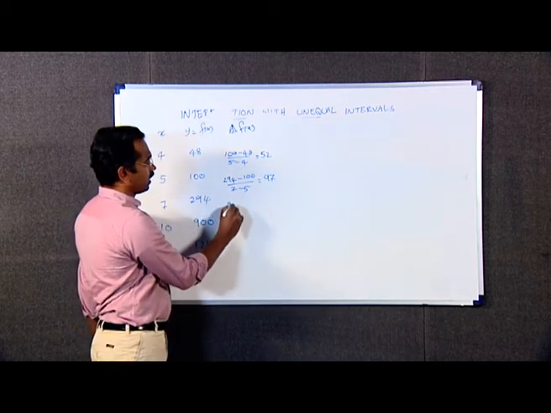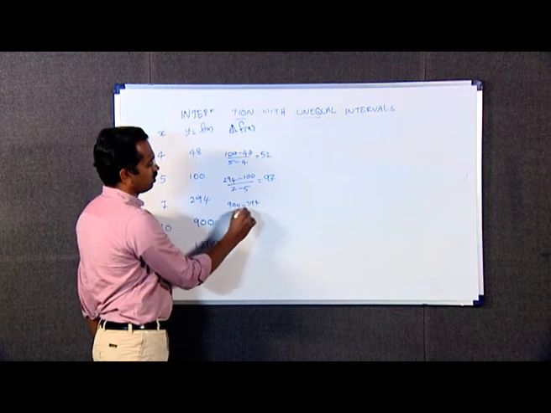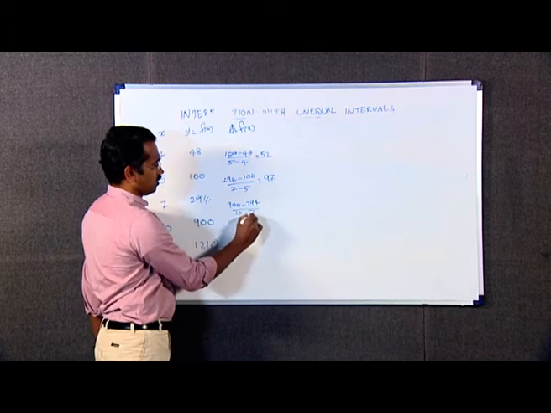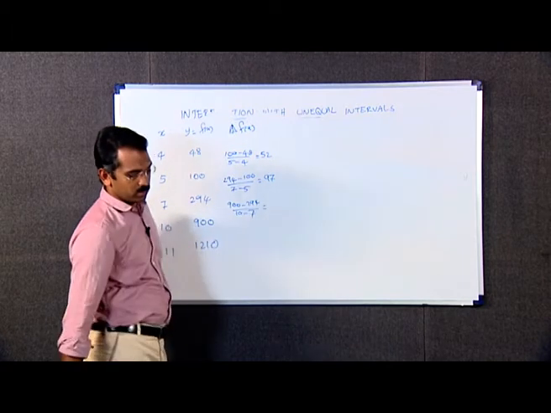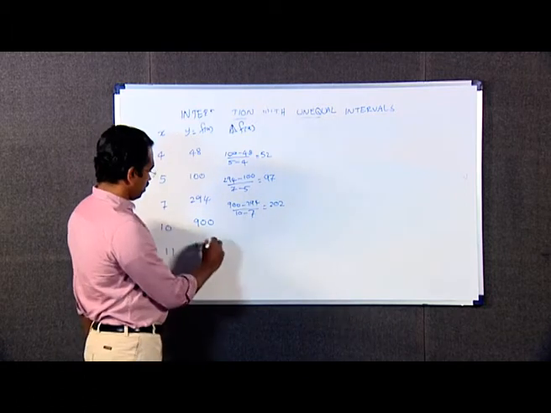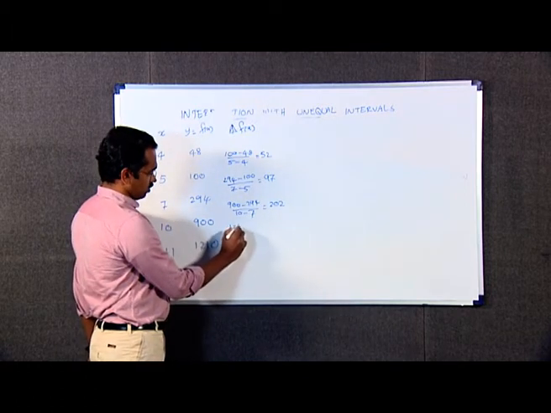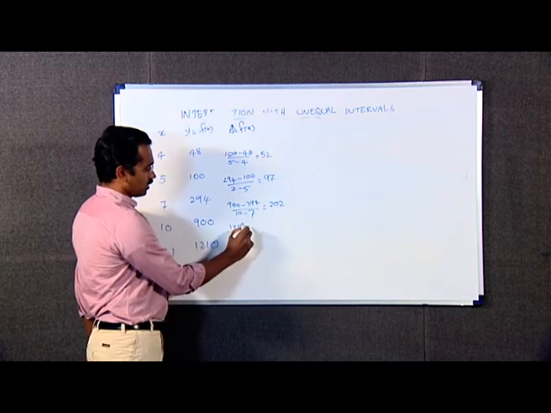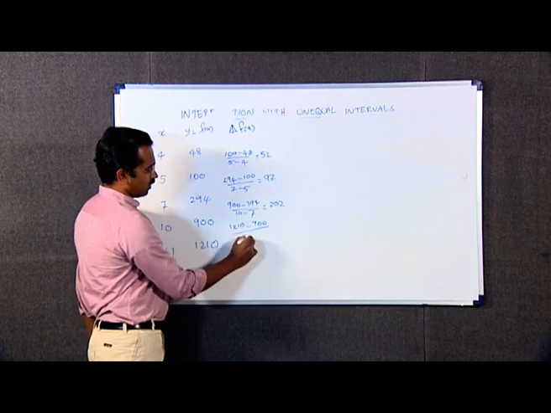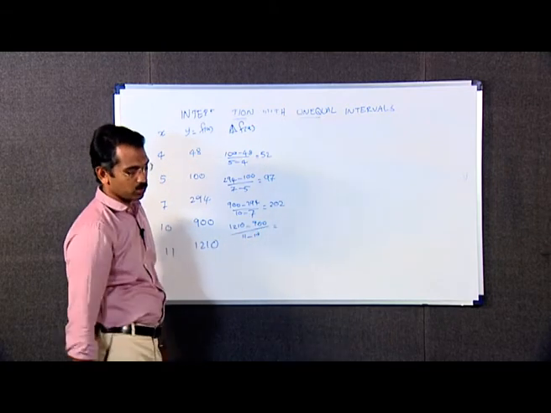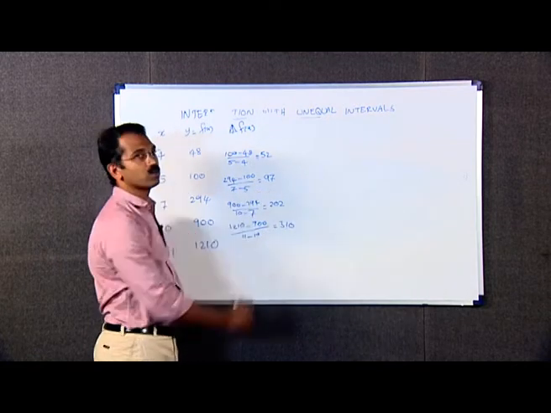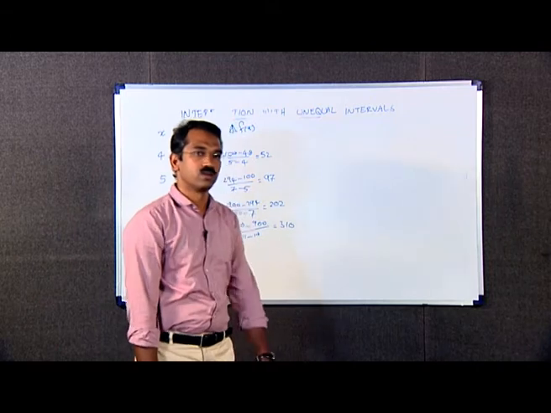Next is 900 minus 294 divided by 10 minus 7. The value is 202. And the last one, 1210 minus 900 divided by 11 minus 10, which is equal to 310. These are the first order divided differences.